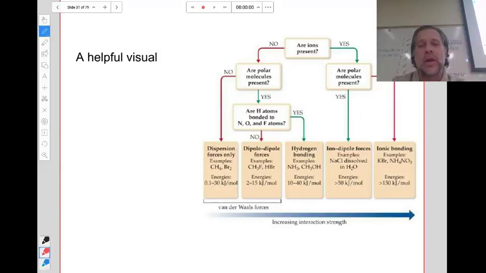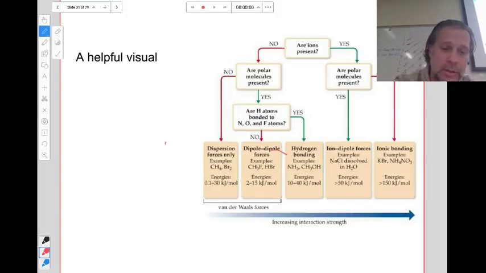If it's a polar molecule and ions are present, we would call it ion-dipole intermolecular force. If there are no polar molecules present, we would just call it ionic bonding, and that's that. But if there are no ions present, we ask if there are polar molecules present. If there are no polar molecules present, we would call that London dispersion forces.